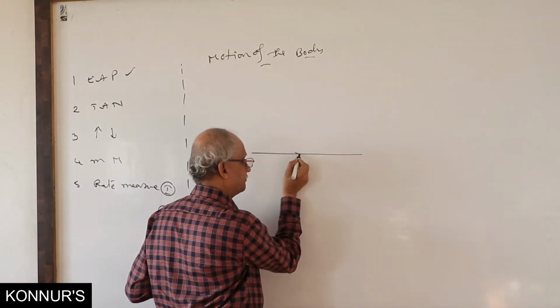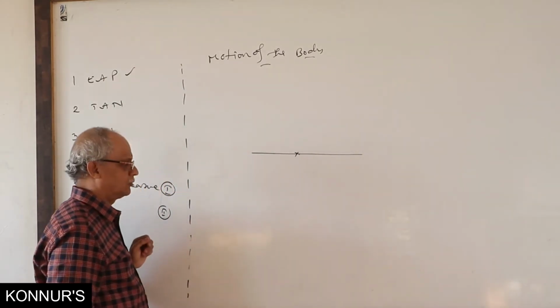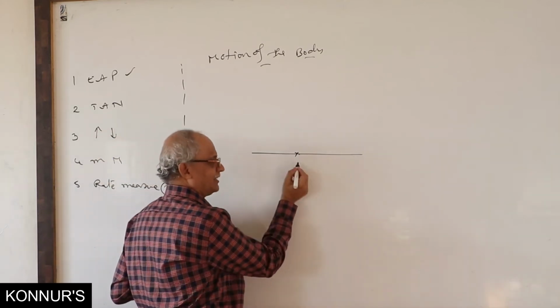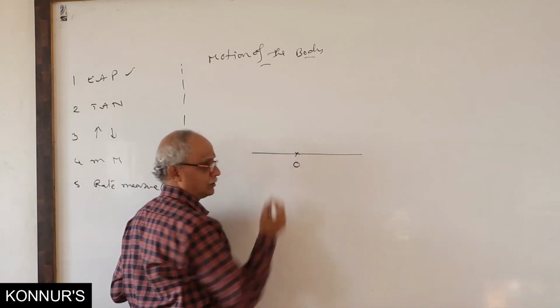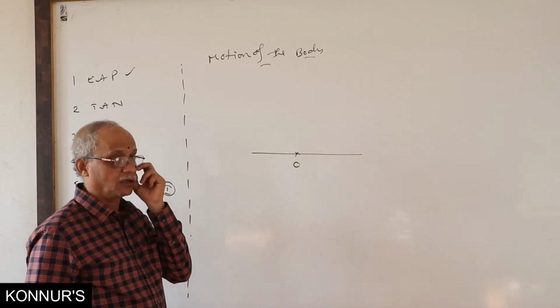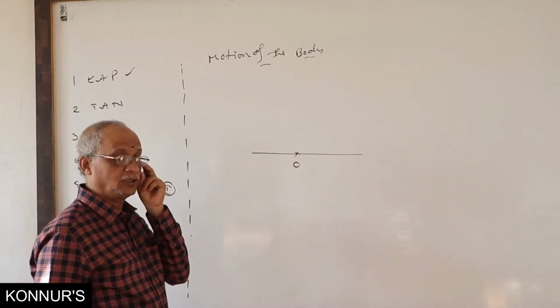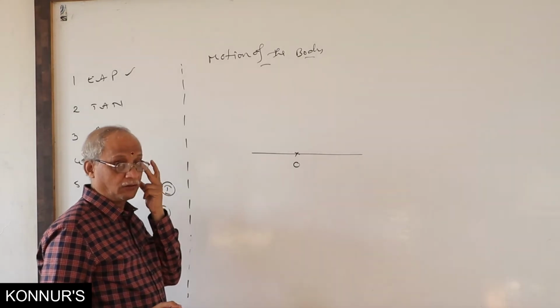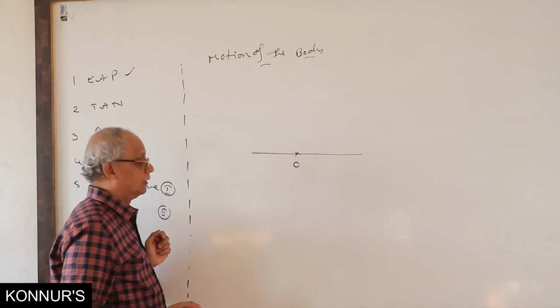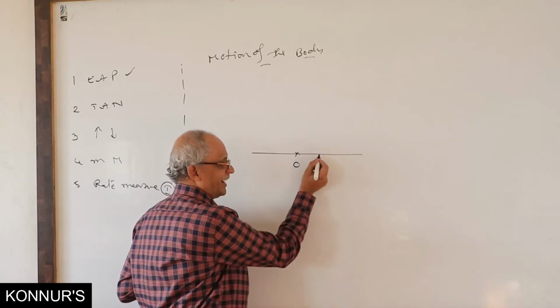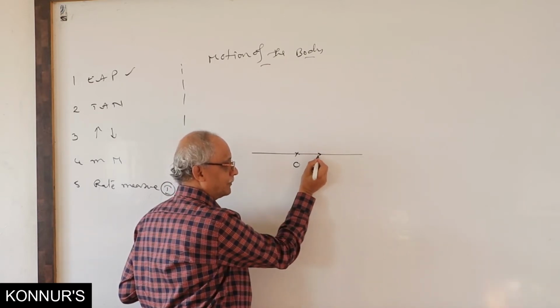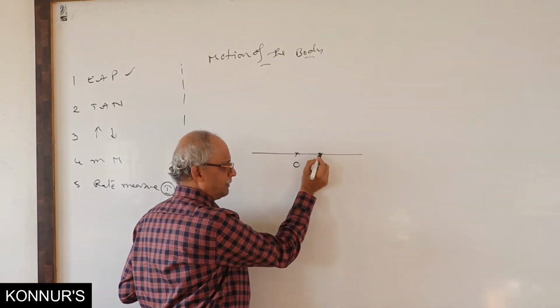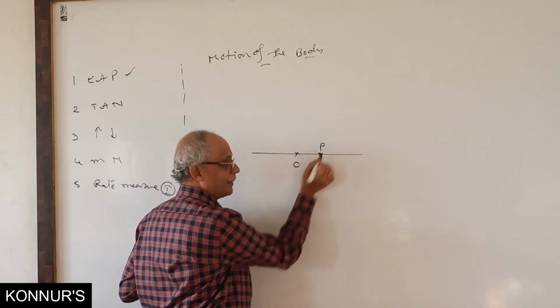First we start. Assume that the particle is at the origin. Origin in the sense it is not moving here and there; it is at rest, initially at the origin. Now it will start traveling and going towards the right side of the origin. Assume that the position of the particle is at P.